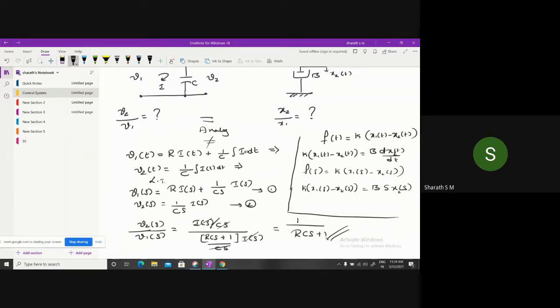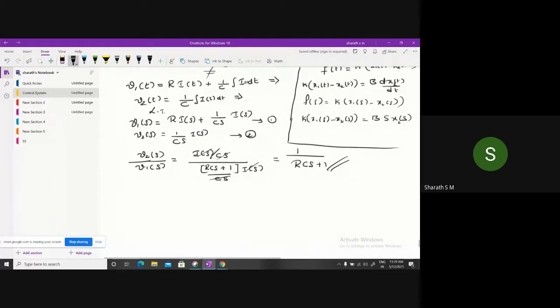So here we need to find the transfer function. With the help of these two equations, we need to find the transfer function in terms of x2 by x1.